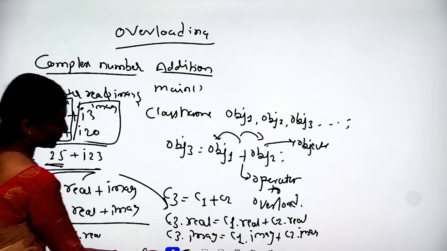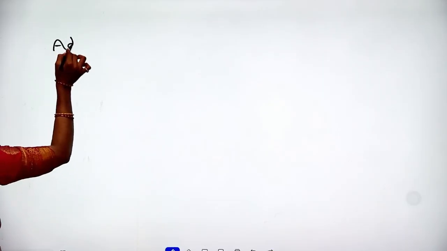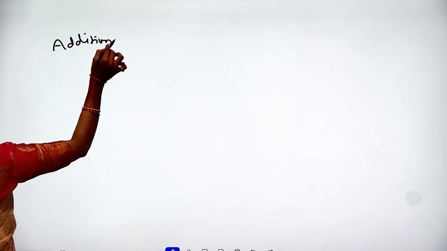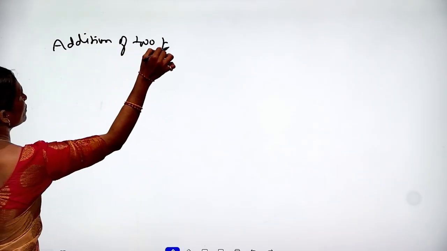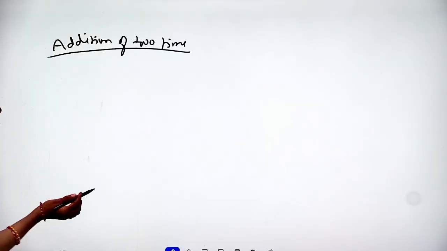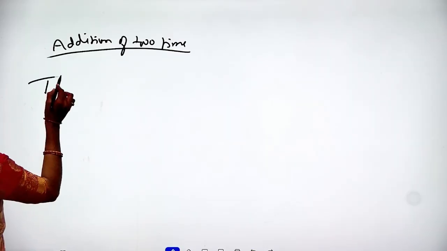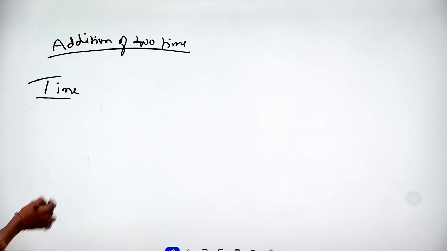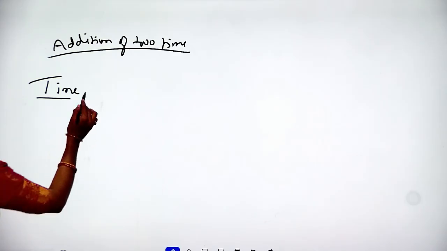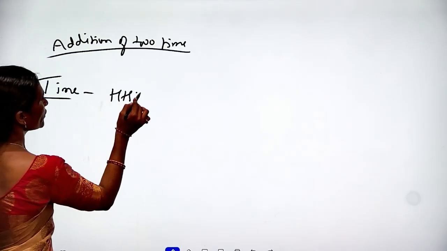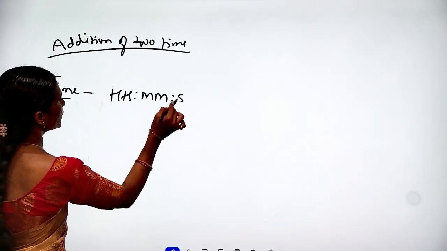Let's take one more example so that you understand why we need operator overloading: addition of two times. The concept we will learn later. If I want to take the time, what things will come? I will take the standard: hour, minute, and second.